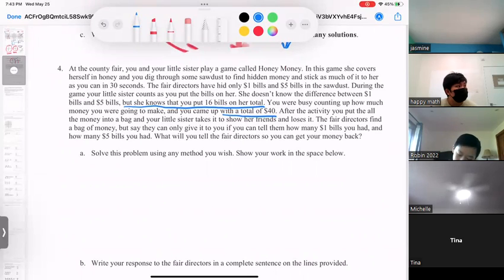Did you finish already? Just stuck on the question? So first, you have to show me what is X, what is Y, right? So basically, you have to write the equation and be clear what is X, what is Y. It says she knows that you put 16 bills on in total, right? No matter if it's $1 or $5, the total is 16, right? And you also know the total amount of money is $40.